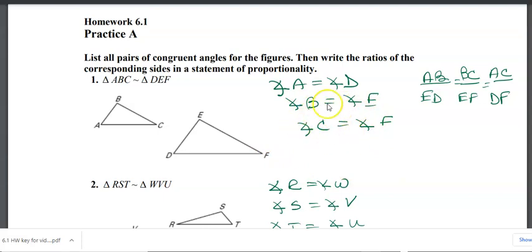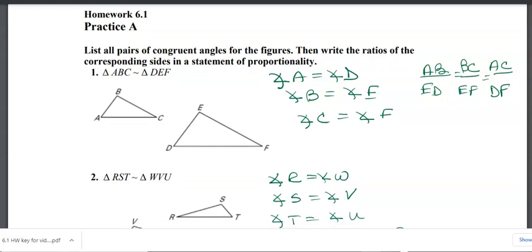So the angles have to be equal to their corresponding angles, and the sides are in proportion to their corresponding sides. Now, when I have numbers involved for the side lengths, I can get a scale factor, because I'm going to take all of my fractions and put them in simplest terms. That's still coming. Let's go to the second problem.